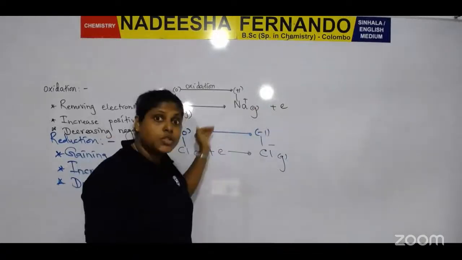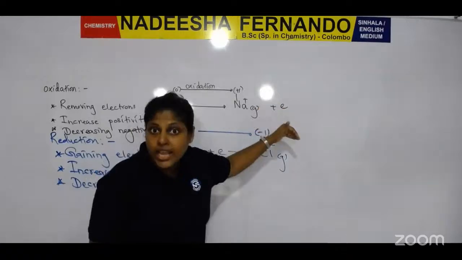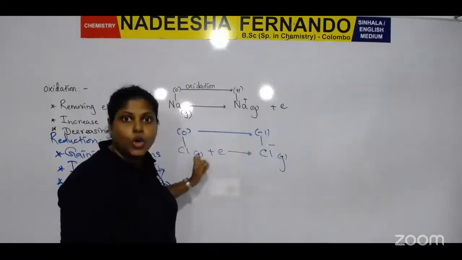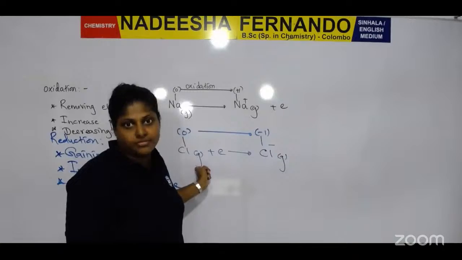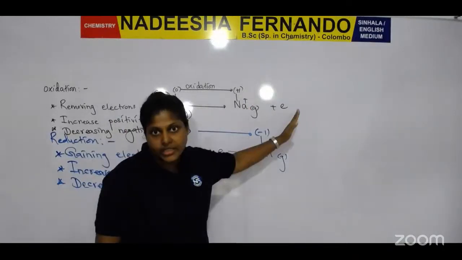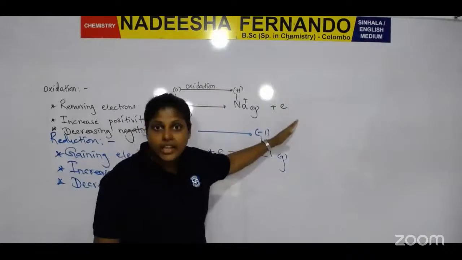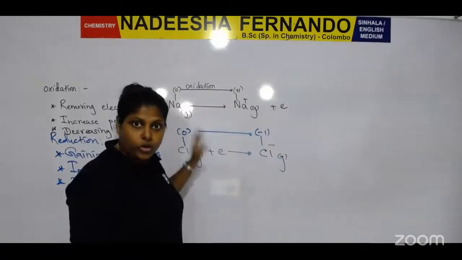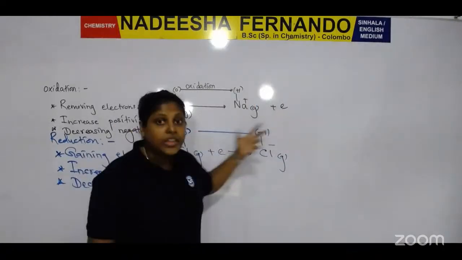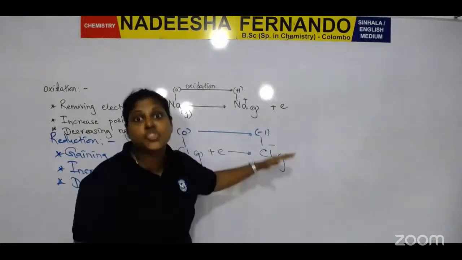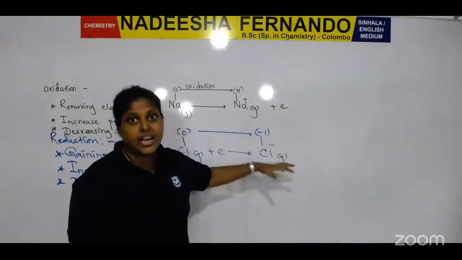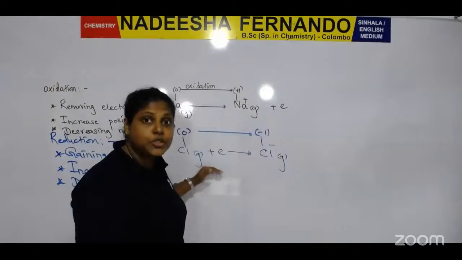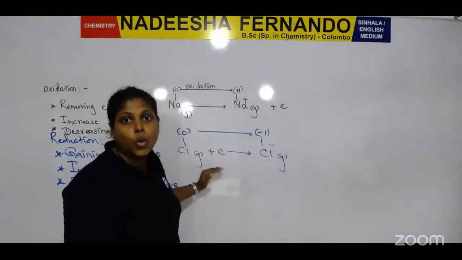When sodium undergoes oxidation, in other words, it helps to reduce the chlorine, because it helps chlorine take the electrons. So removing electrons is oxidation, and gaining electrons is reduction.